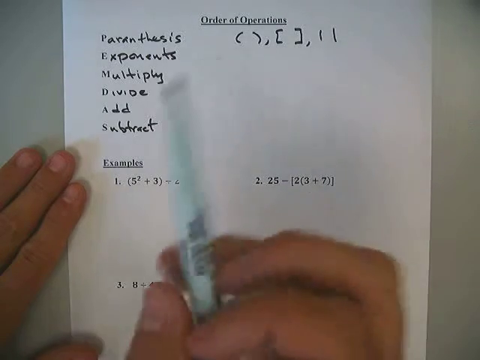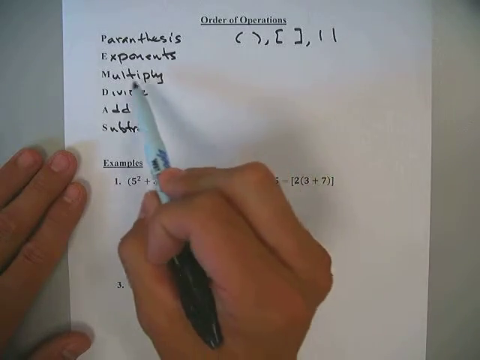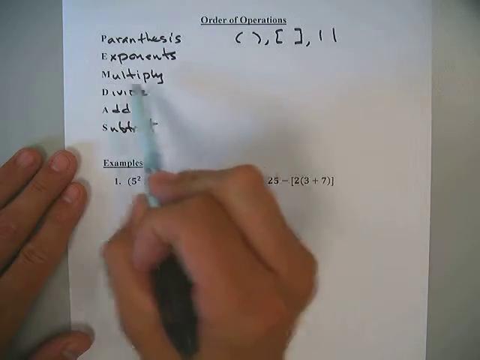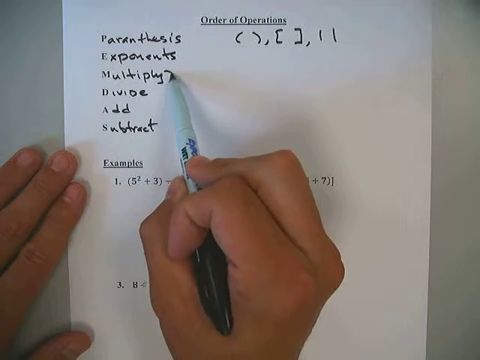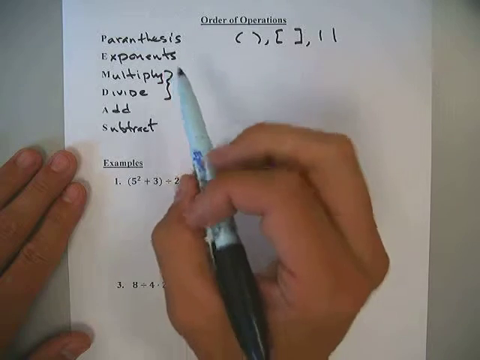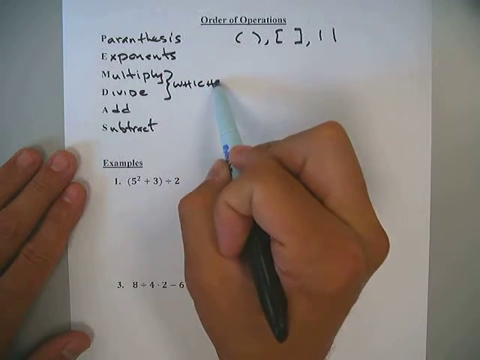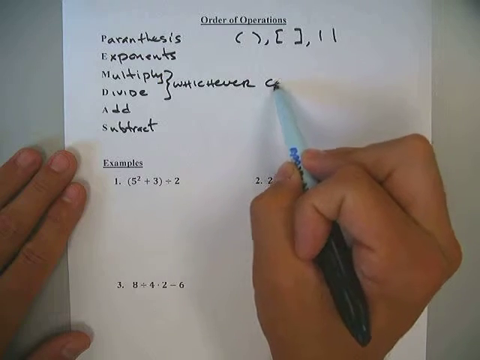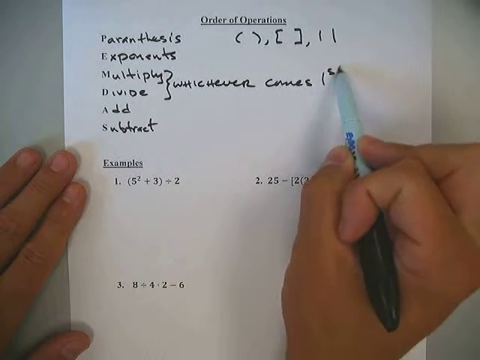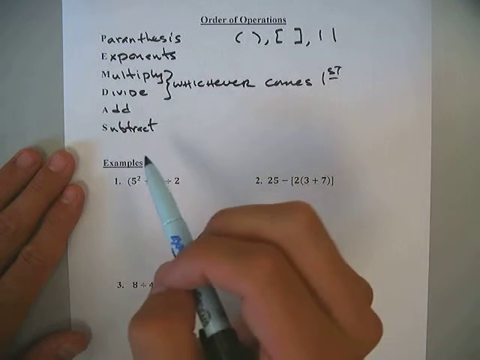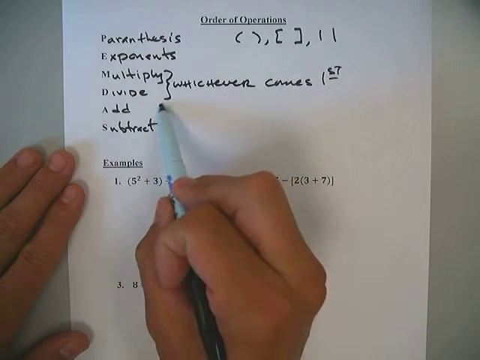Now another rule that you need to make sure you understand is that even though it's listed parentheses, exponents, multiply, and divide, it doesn't mean you always follow that order. Multiply and divide are interchangeable. You always do whichever comes first. So if there's a problem where divide comes before multiply, you're actually going to divide before you do that.